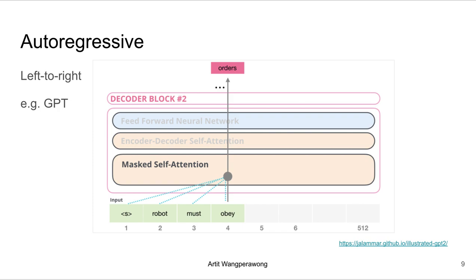So in this example here, we're at the token "obey," and "obey" can only attend to the left tokens, which are the start token, "robot," and "must." And it's looking to predict the next token, which is "orders." So this is what autoregressive pre-training refers to.